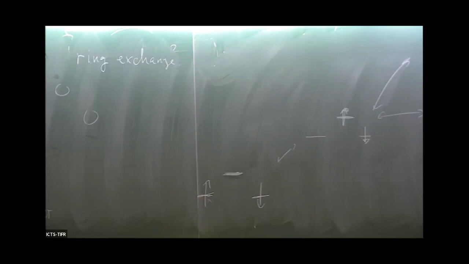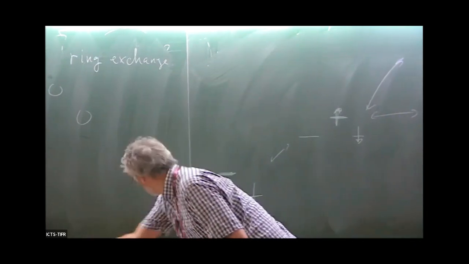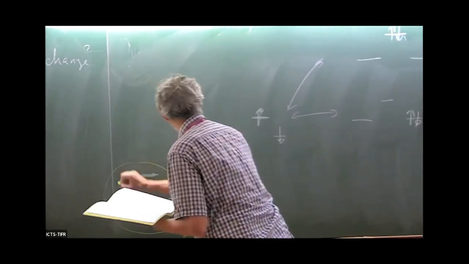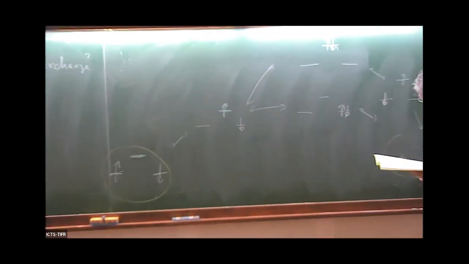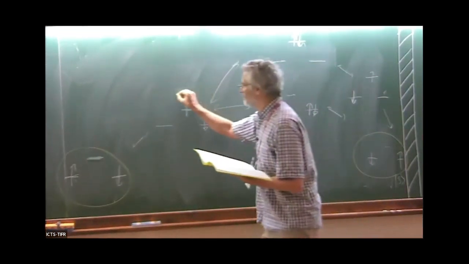So this is the initial state, this is the final state, and these are the intermediate states.